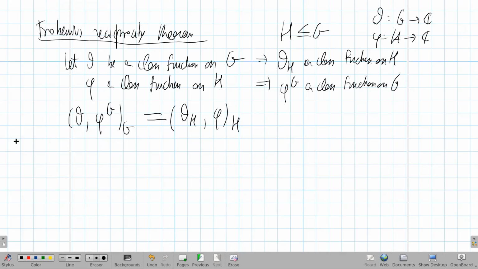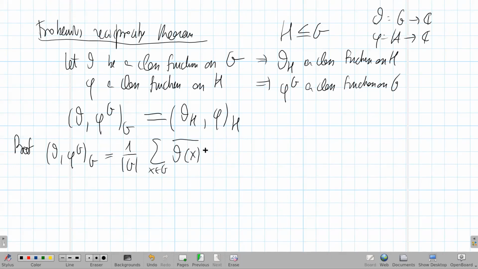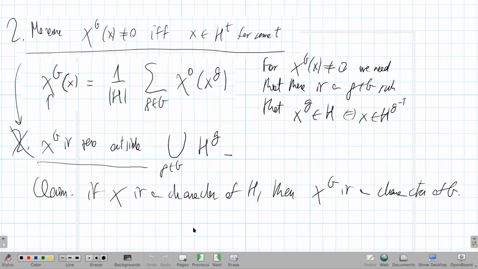The proof is not too difficult. Let's see if it fits here. Yes, it should fit. So we start with this. What's this? It's the standard inner product where we sum over x in G. Remember that we have to take the conjugate here, and then we have phi to the G of x. This is the induced function. So this is another sum. Which sum? It's this sum here.